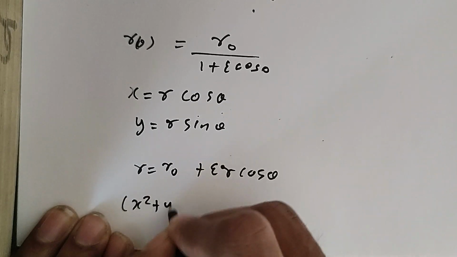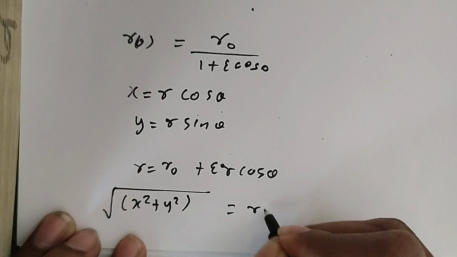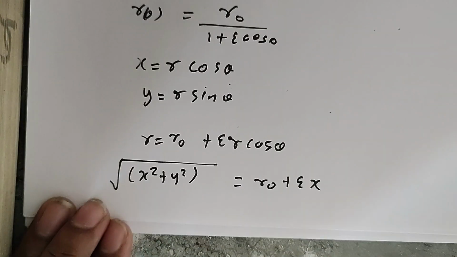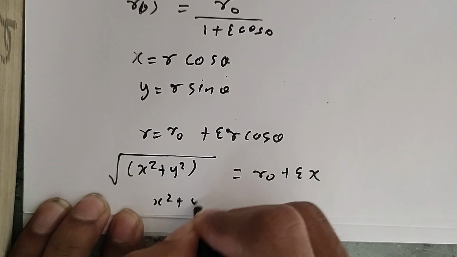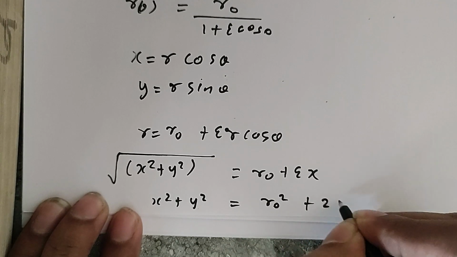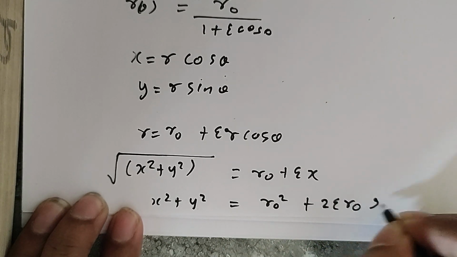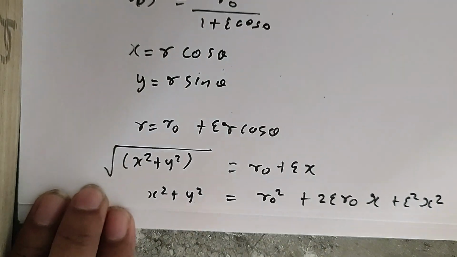Then we square them to get x square plus y square, and state it as R naught square plus 2 epsilon R naught x plus epsilon square x square.